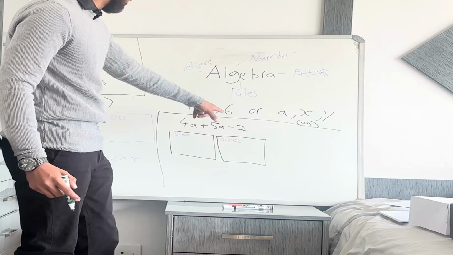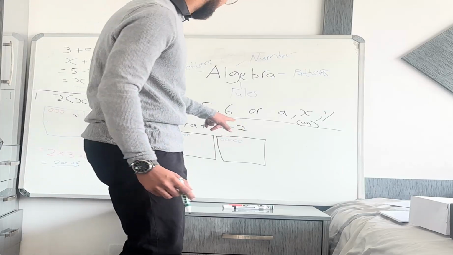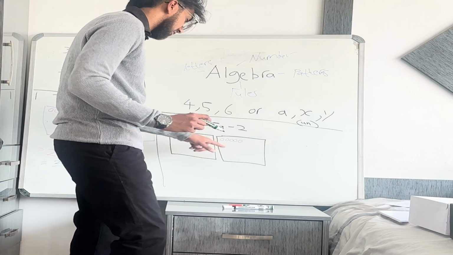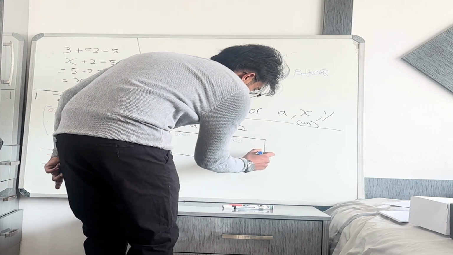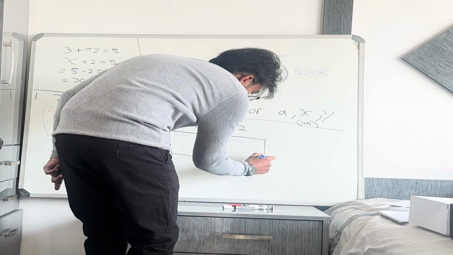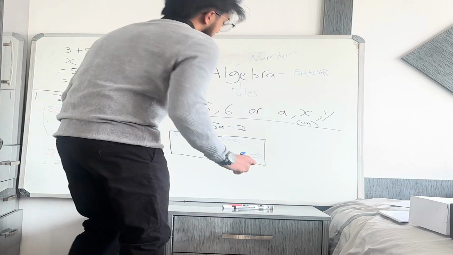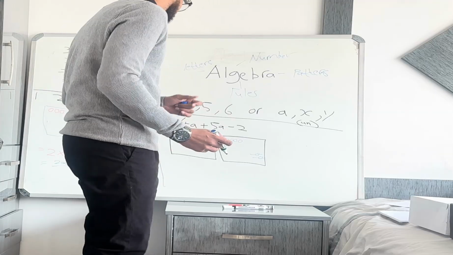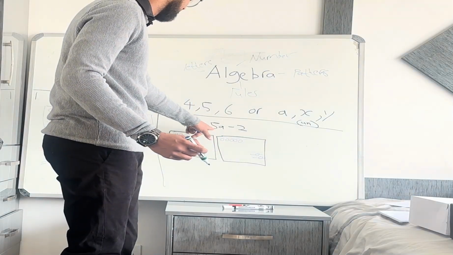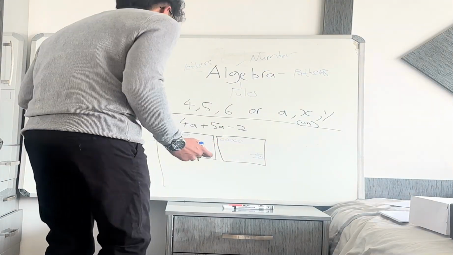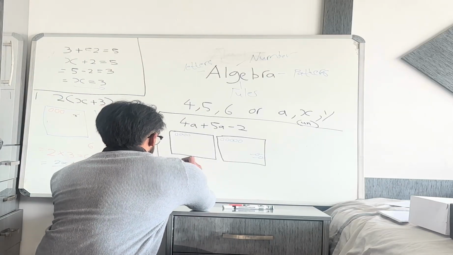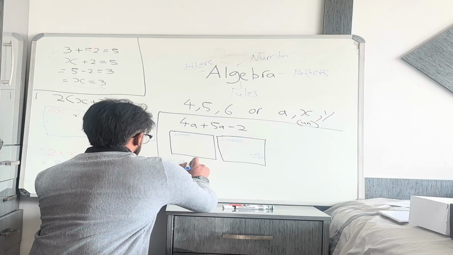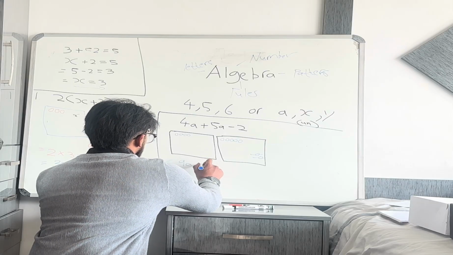But now, a naughty monkey came and snatched 2 away. But not from these 2, just another 2. So they stole that. So how would we write this? 4 plus 5 is 9. 9a minus 2.